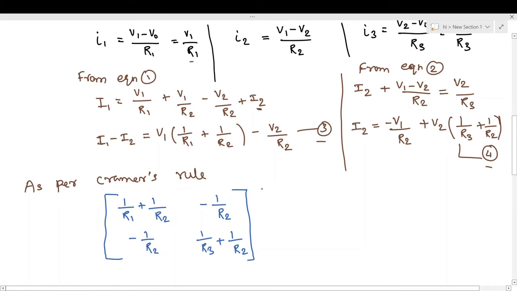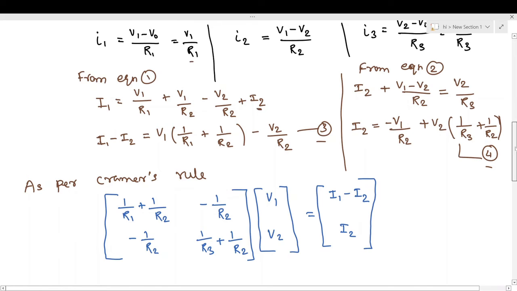Then we will write the voltages V1 and V2, which is equal to the current values. Current values as per equation number 3 will be capital I1 minus capital I2. For equation number 4, the current will be I2.